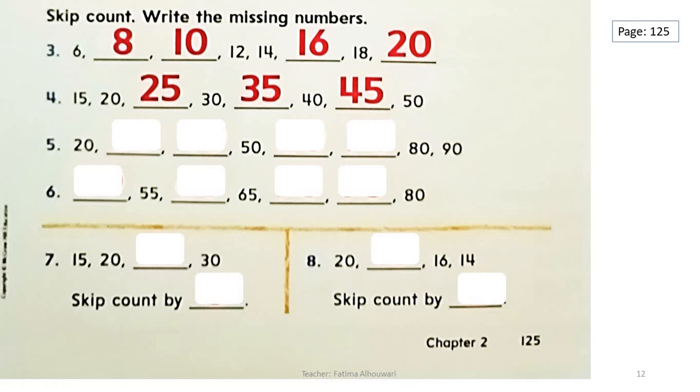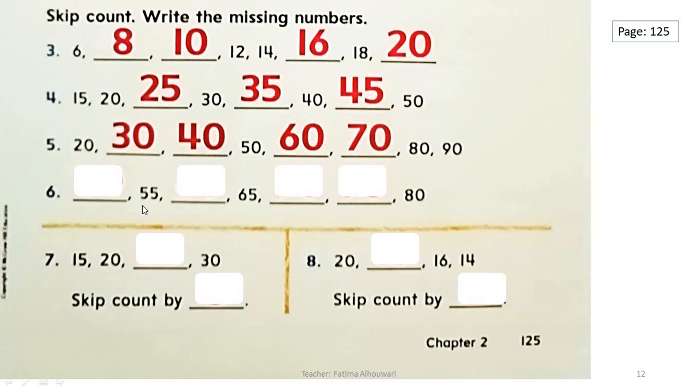Did you say 10? Yes, grade 2. It is 10. So we should skip count by 10. If we start with 20, then 30, 40, 50, 60, and 70. Then 80, 90. That's it. Great job, grade 2. Let's see the next one.